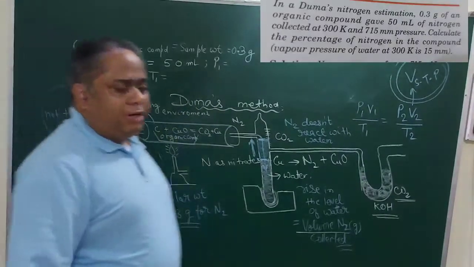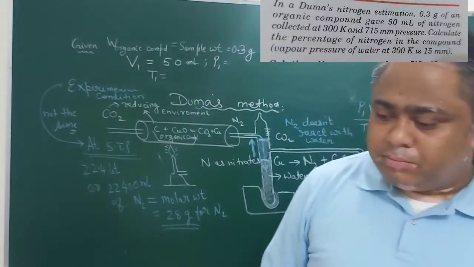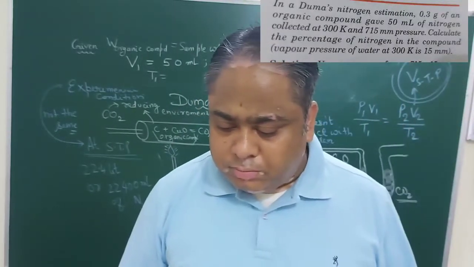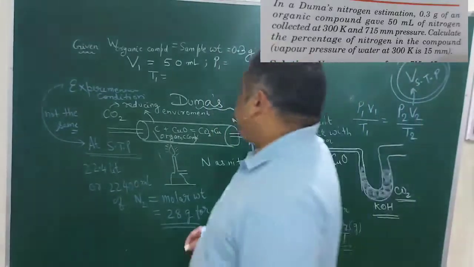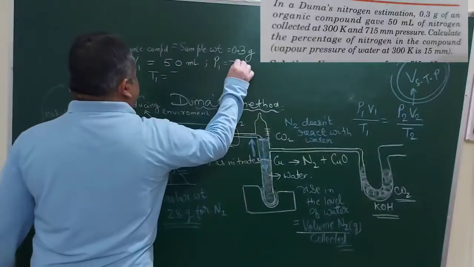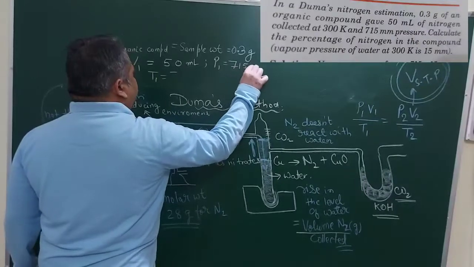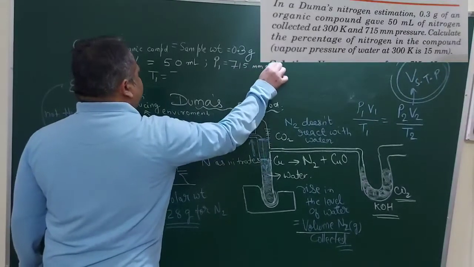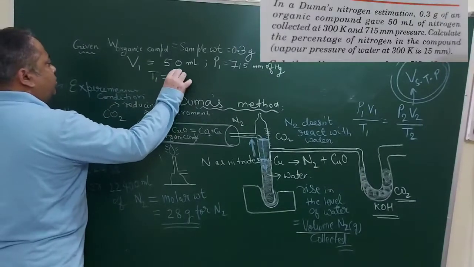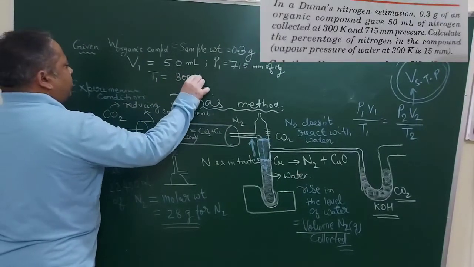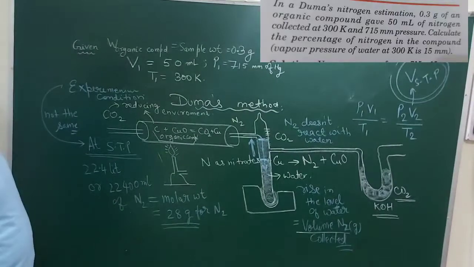Okay, value of P1 given is 715 millimeter of Hg, and temperature given is equal to 300 Kelvin. Okay.